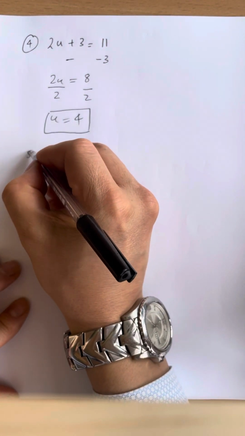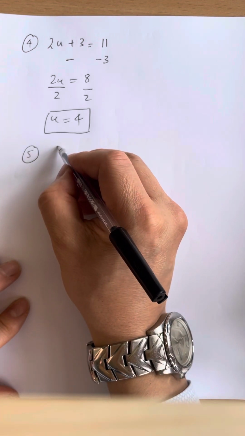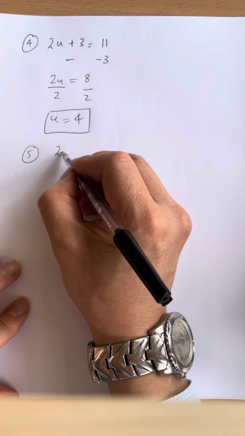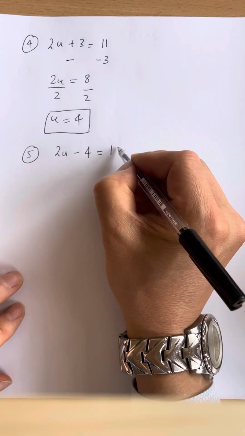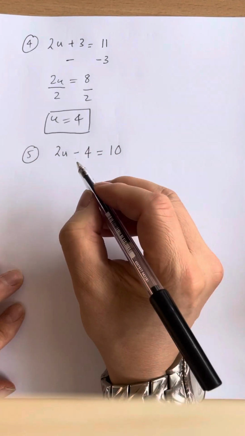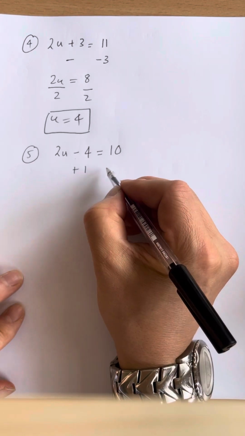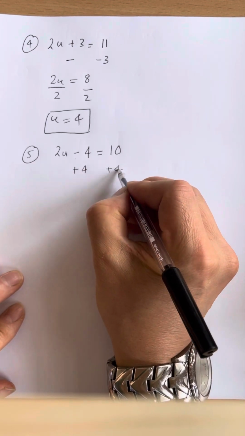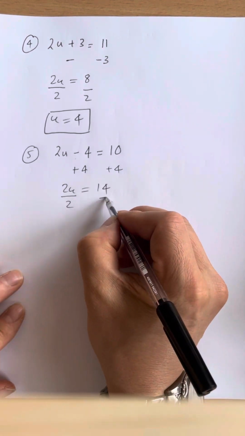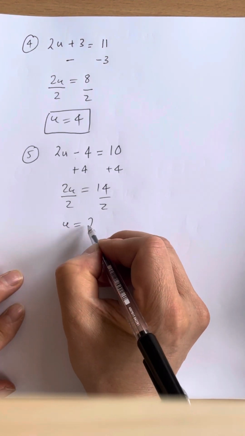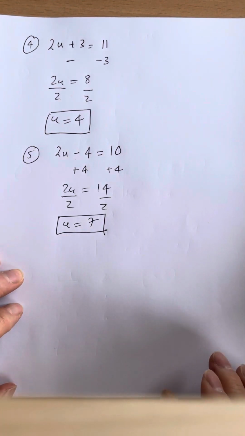The next one is, of course, going to be the inverse of minus is plus. 4 plus 4, so you end up with 14, and then again you divide it by 2, and then you get 7.